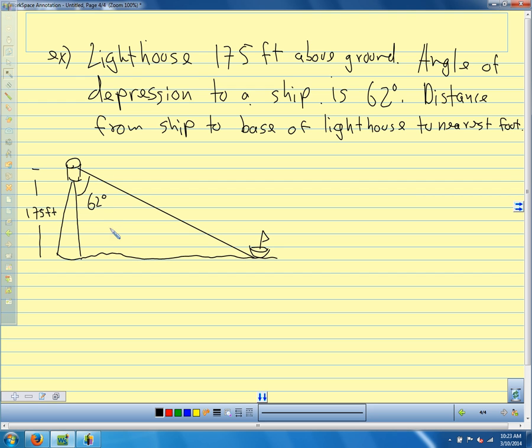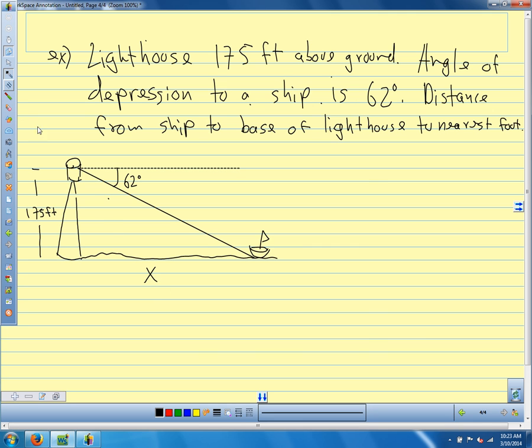So we need to draw a horizontal line in here. There's the horizontal. This is where people are usually going to make a mistake on this type of question. They want to say this is the angle of depression. That is not the angle of depression. The angle of depression is down from the horizontal. So this is going to be my 62-degree angle. And we want to find this distance here.